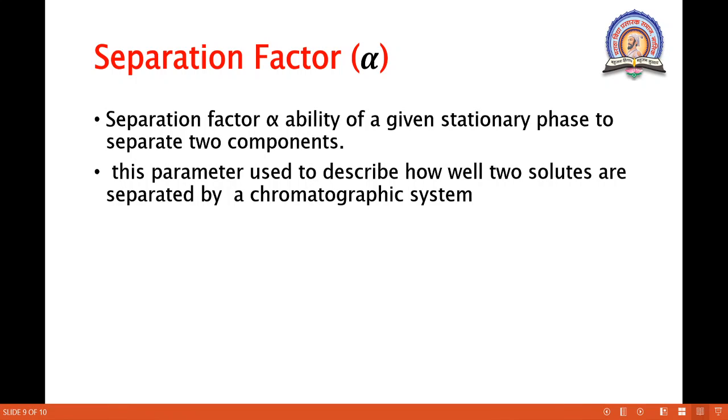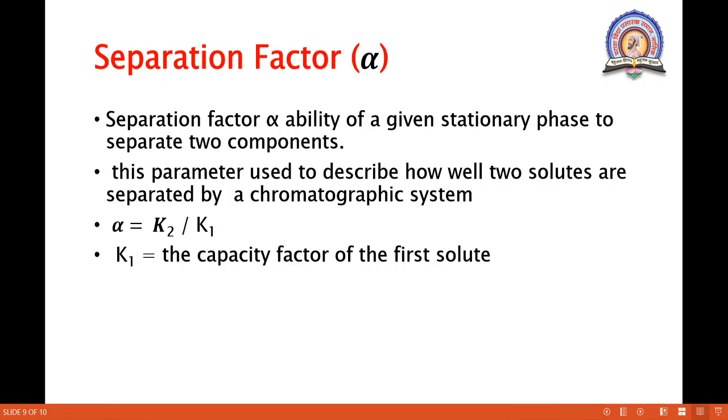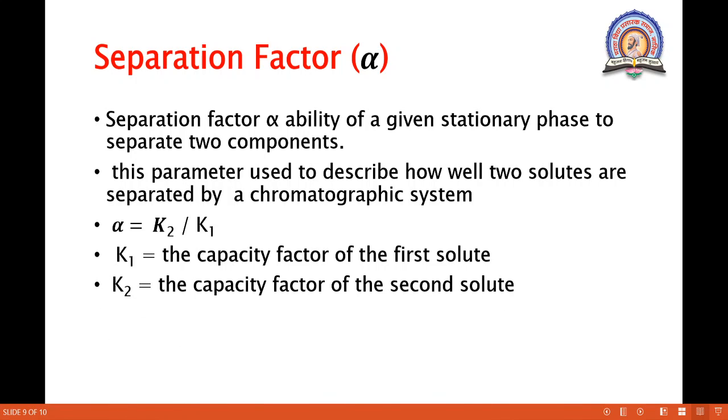It is given by the formula alpha = k2/k1. k1 is the capacity factor of the first solute and k2 is the capacity factor of the second solute. So these are the six parameters of the chromatogram.